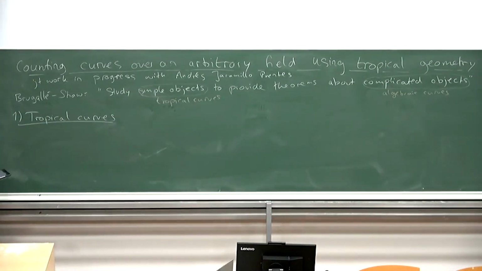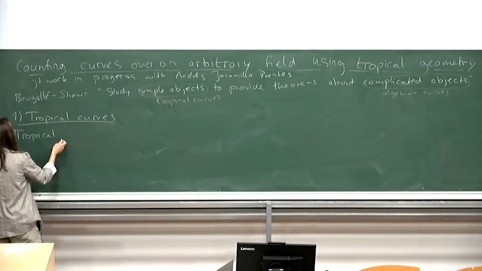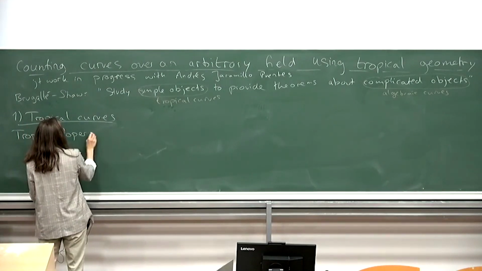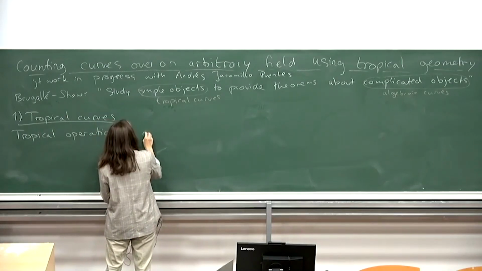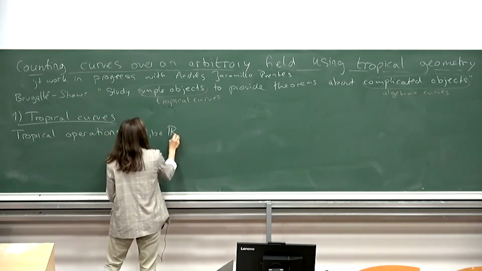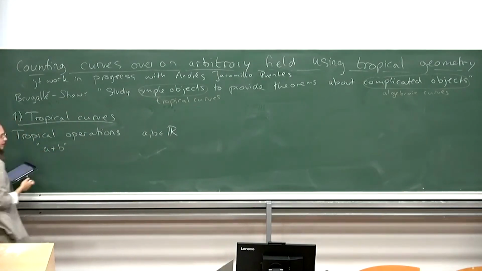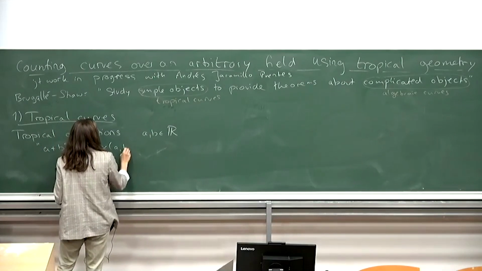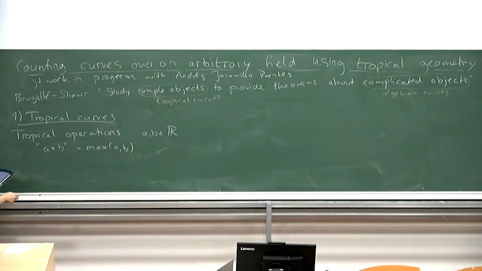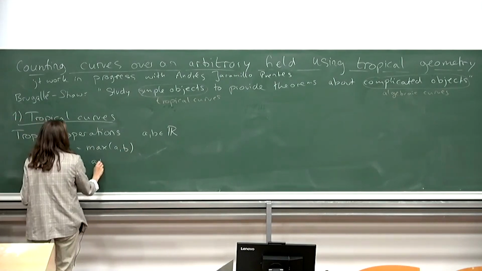All right, so what is this? First, let me introduce the tropical operations. Let A and B be real numbers. Then the tropical addition, which I write with addition in quotes, is supposed to be the maximum of A and B. And the tropical multiplication is the classical addition.